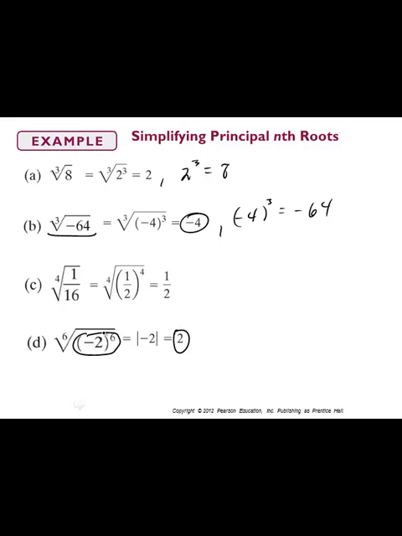Now, negative 2 in this example raised to the sixth power is a positive number. It's the same as 2 to the sixth power. And of course, the sixth root of 2 to the sixth power is 2. Same thing.